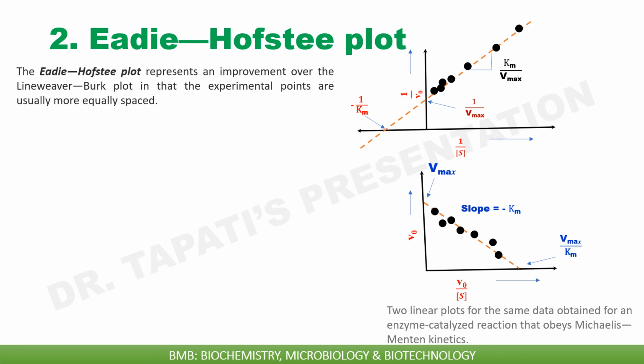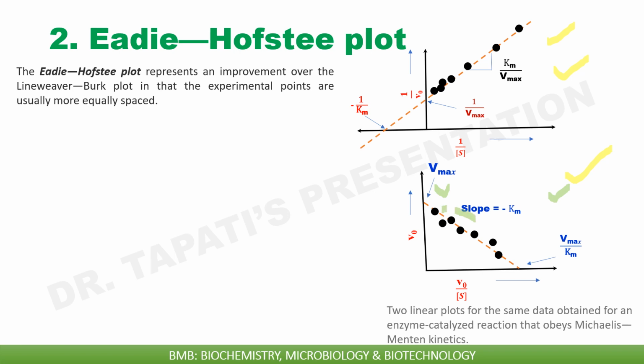If you compare these two plots, this is the Lineweaver-Burk plot, and the second one is the Eadie Hofstee plot. You can see that clearly in the Eadie Hofstee plot, all the experimental points are more equally spaced.